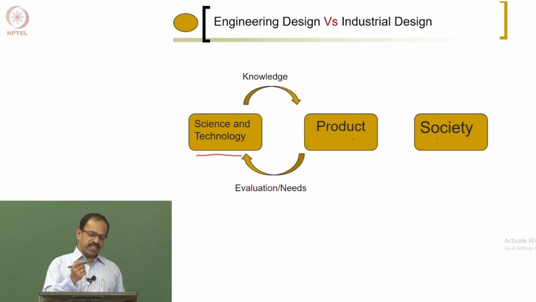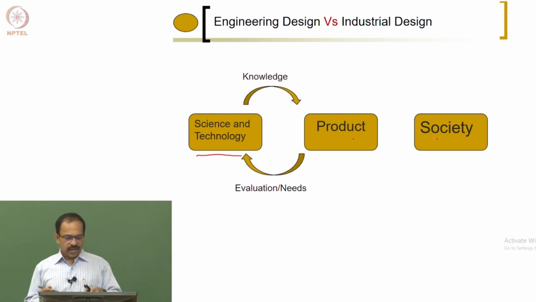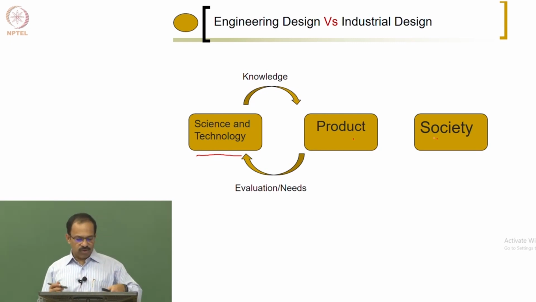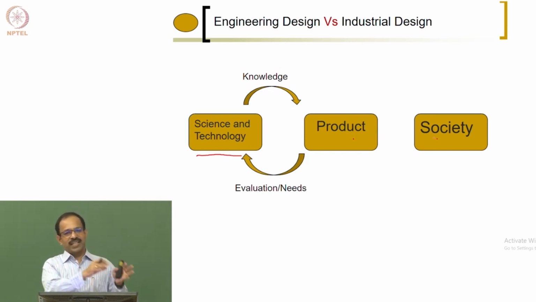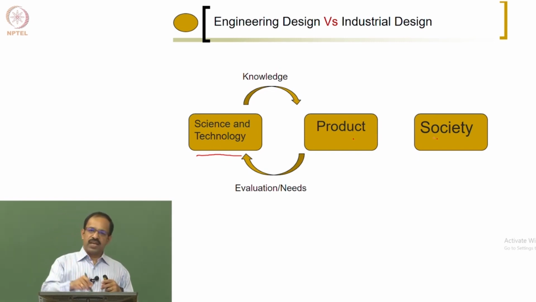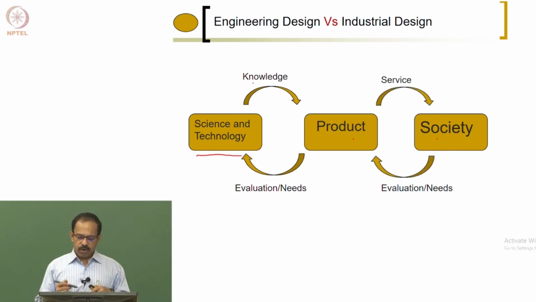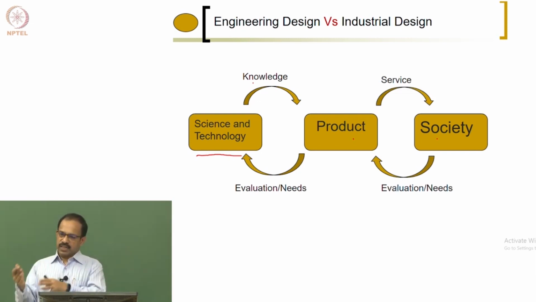So science and technology generates knowledge, and the needs of the product also lead to research, because you want some product to do something, you don't have the technology, so somebody will start working on the technology, research, and then develop technology. So it's in a cycle. So you have the knowledge and the needs, and then the product will do some service to the people. That is, it will meet the requirements of the customer or the society.